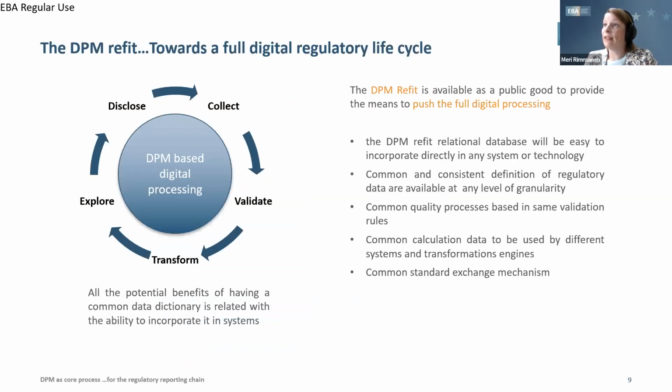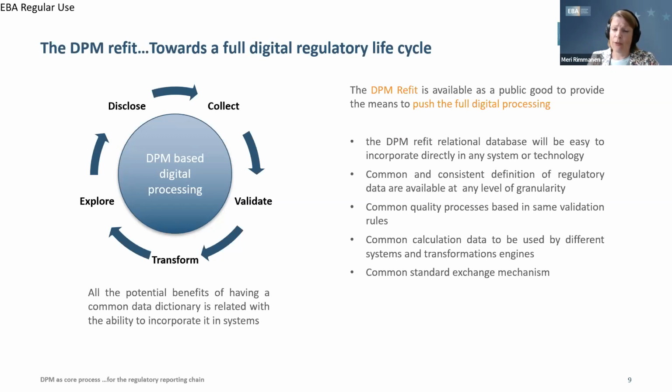The DPM Refit, so we are moving towards a full digital regulatory lifecycle. DPM Refit is a public good, and it also supports full digital processing. Maybe earlier on, at least on the business side, we focused quite a lot on needing the DPM to have precise definitions, to improve harmonization, and to ensure consistent application of the reporting requirements. But the DPM is also a lot more than that.